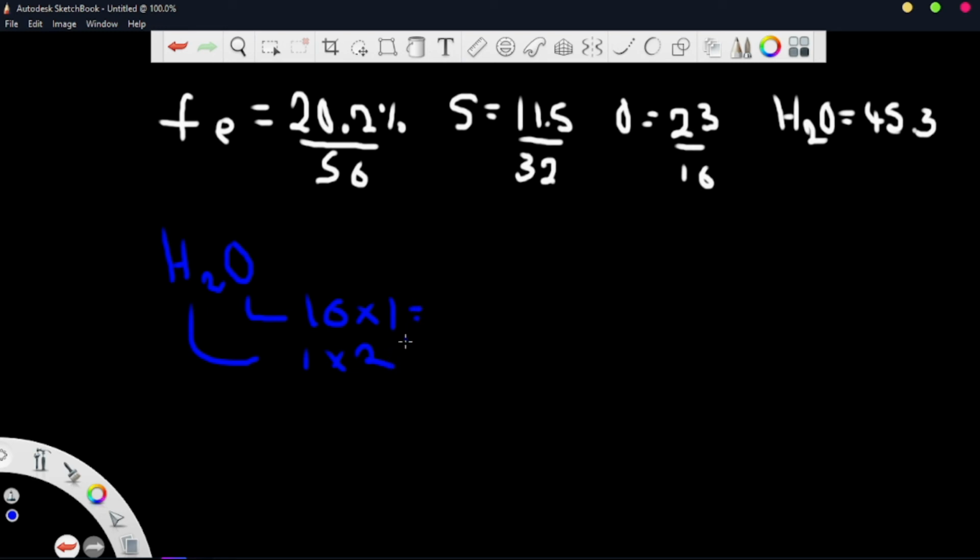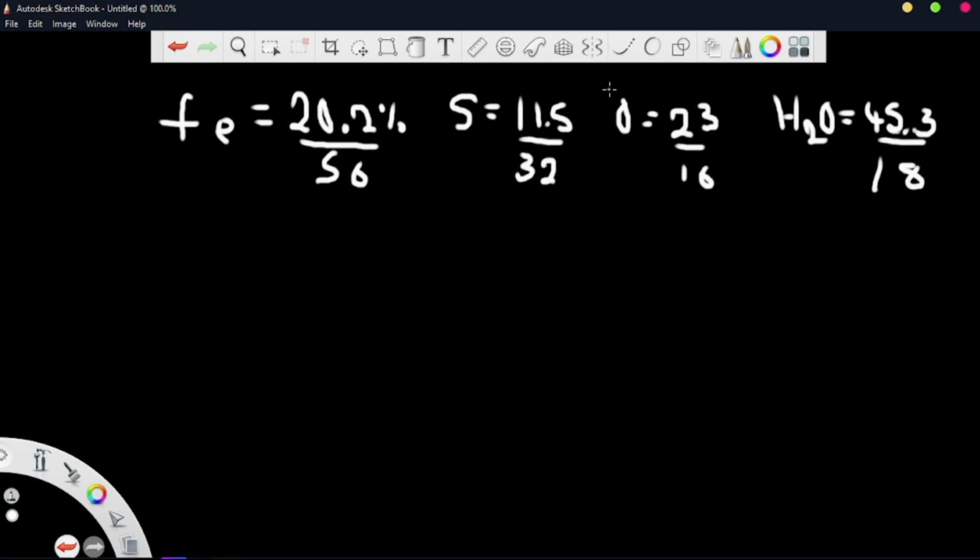So this gives us 16, and this gives us 2, and then we add: 16 plus 2 is 18. So for water we're going to have 18. For water, we're going to divide by 18.